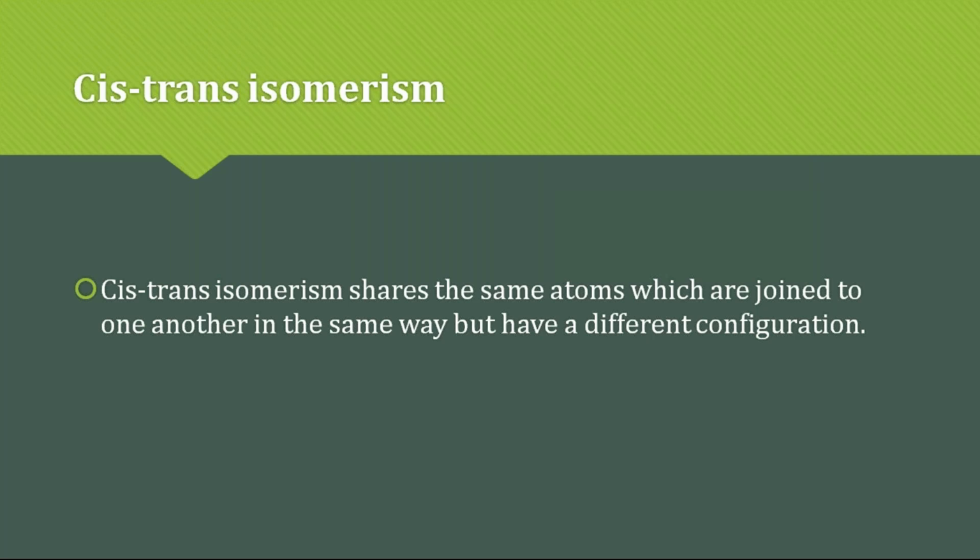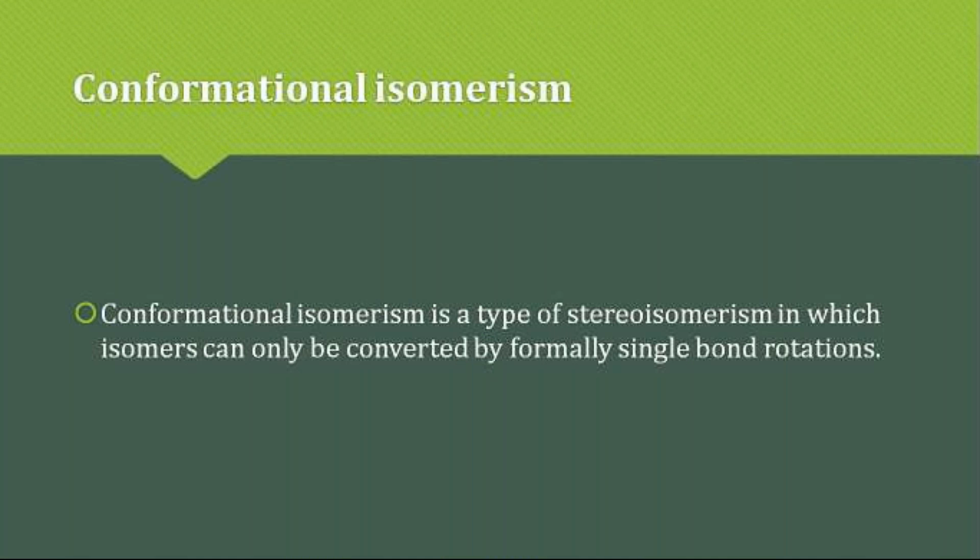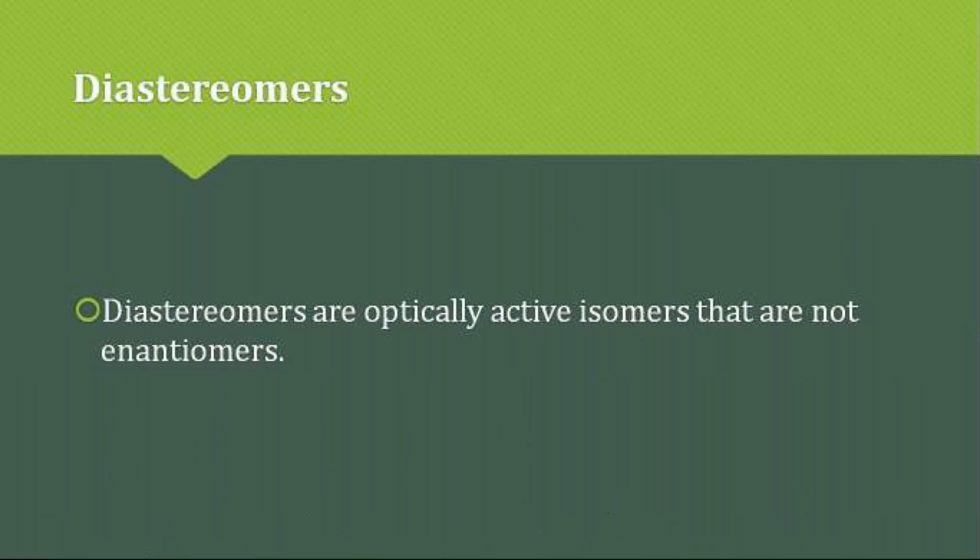Cis-trans isomers share the same atoms which are joined to one another in the same way but have a different configuration. Conformational is a type of stereoisomerism in which isomers can only be converted by formally single bond rotations.